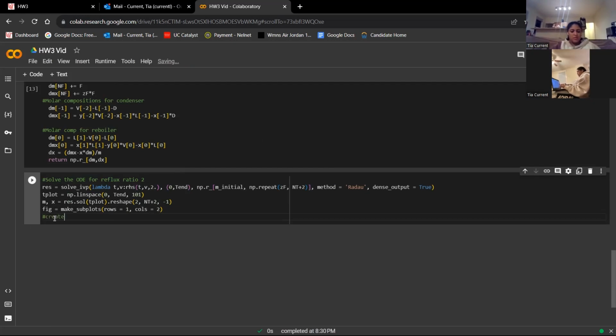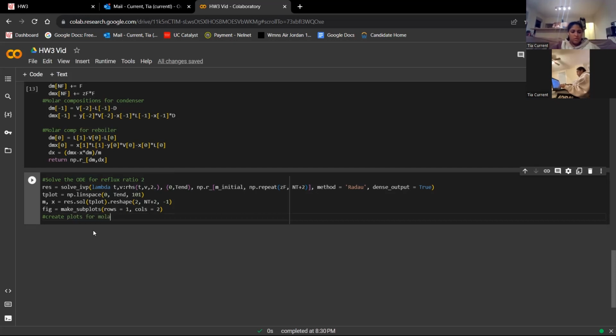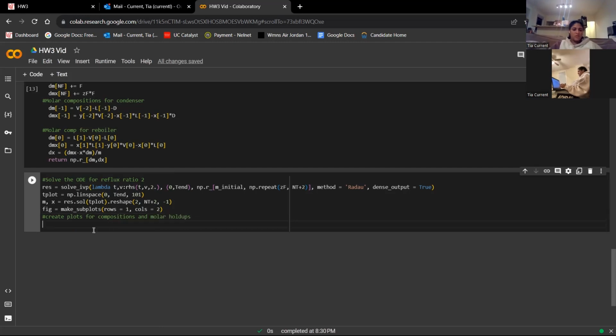Now I'm going to create plots for molar compositions and molar holdups. Okay.